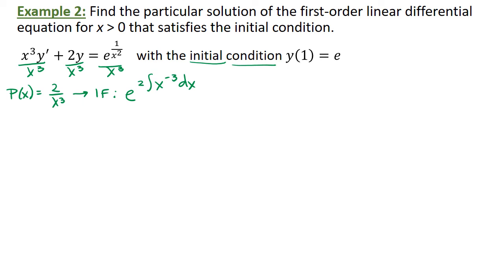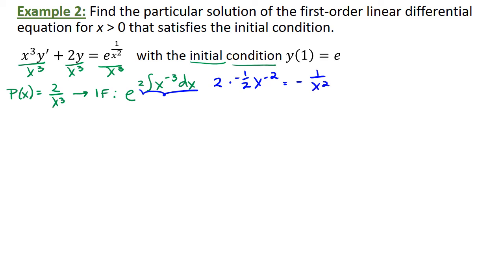So then, if I'm just going to focus on the integration part real quick, if I integrate this, I end up having 2 times negative 1/2 x to the negative 2, which simplifies to negative 1/x squared.